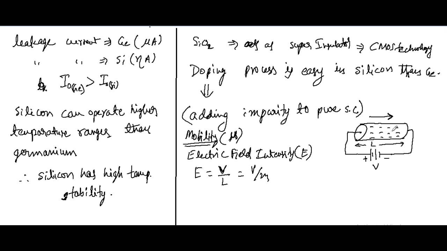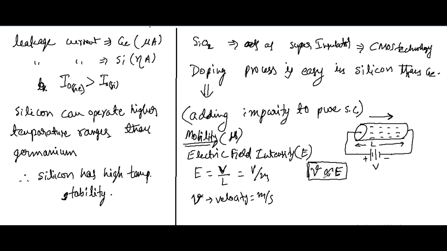The velocity of the charge carriers is directly proportional to the electric field intensity. If the electric field intensity increases, the velocity of the charge carriers also increases. If the electric field intensity decreases, the velocity decreases. So both are directly proportional.